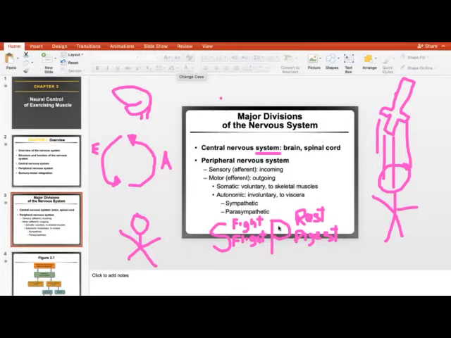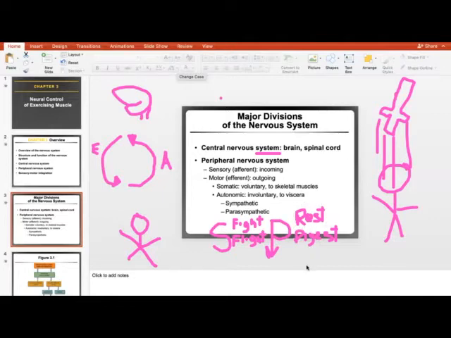And the parasympathetic, the way that I remember that is the P in the parasympathetic has this downward part right here. And that reminds me that the parasympathetic makes things go down. All right, and that's the rest and digest. So it's going to take the blood from your muscles and redistribute it to your internal digestive tract.